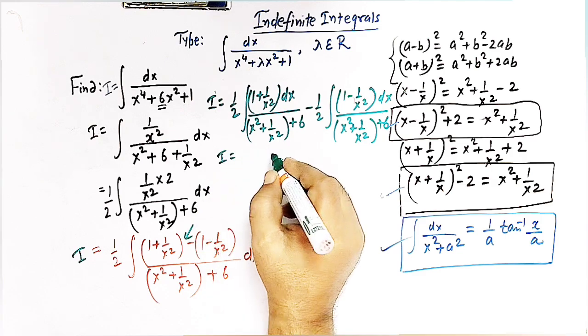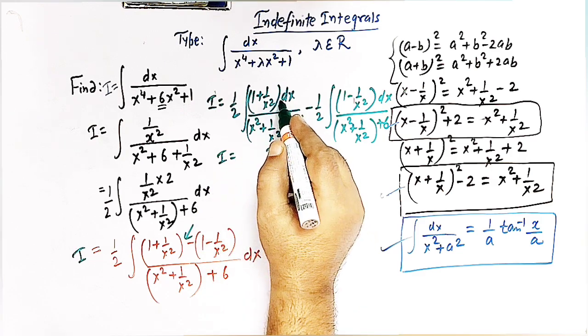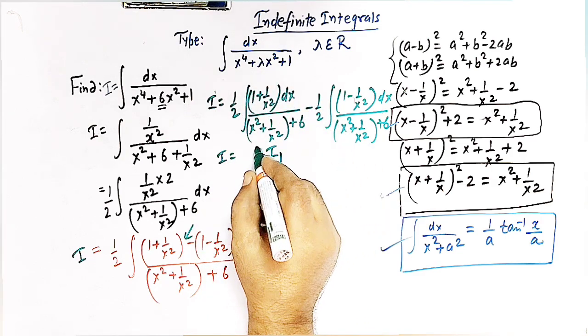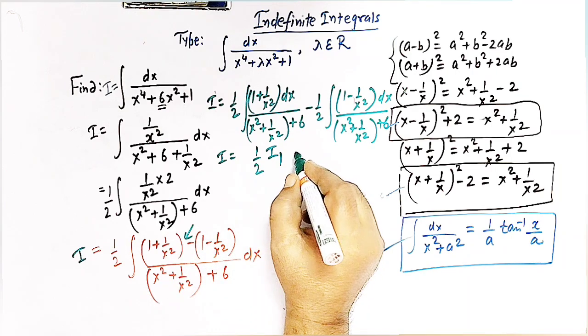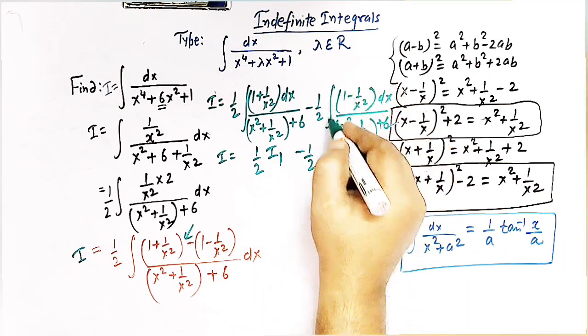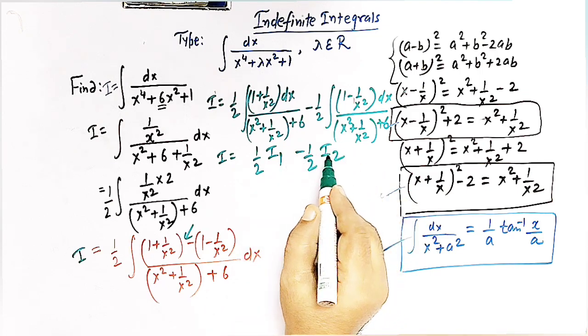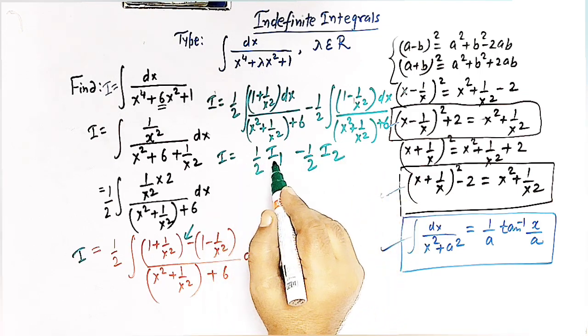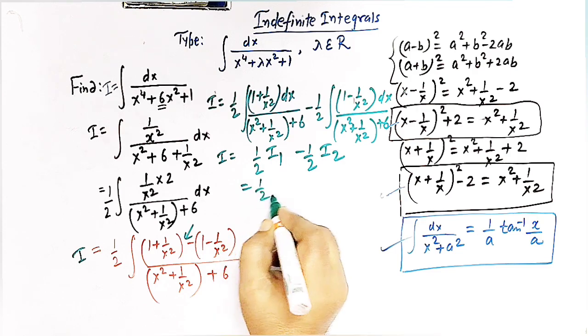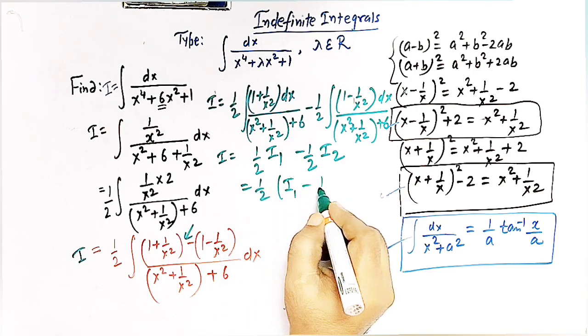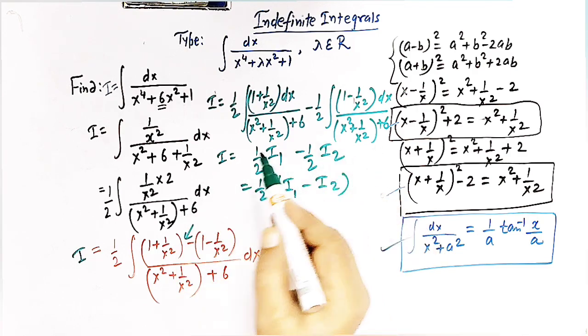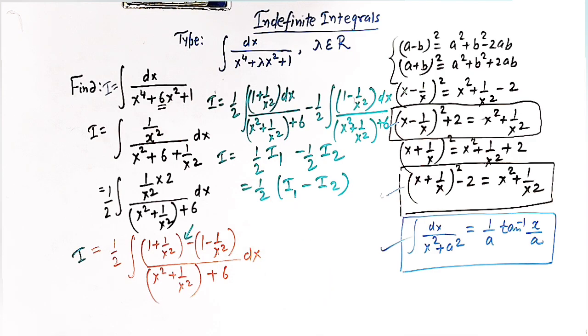So let us now call this integral I1, so here we can write half I1, and this integral I2, and we can now write I is equal to half, then we have I1 minus I2. So let us separately calculate I1 and I2.